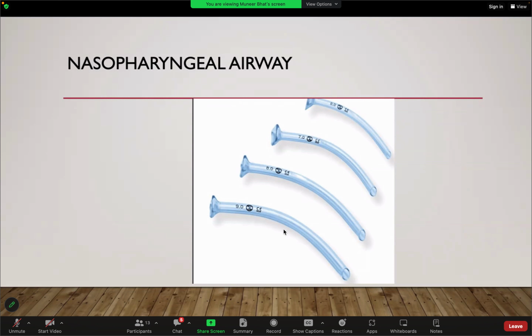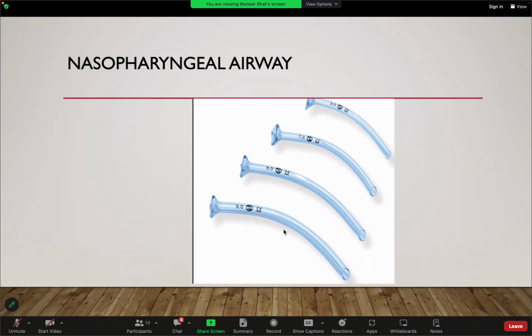You cannot sedate more, or you don't have the option of putting the patient on a ventilator. So you just want some device that is going to rescue you in that particular situation. This is the nasopharyngeal airway, which we can use where the patient is semi-conscious but there is still airway obstruction.